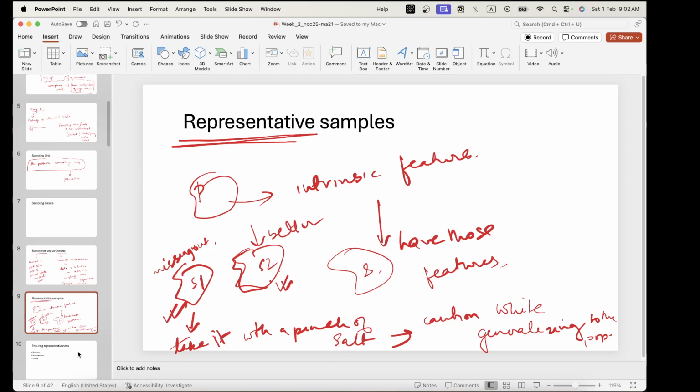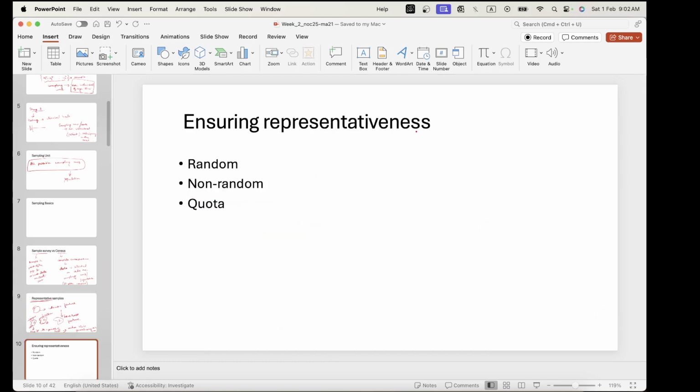So how do we ensure representativeness? There are a few techniques. The first one is random sampling, where if we randomly sample from a population, it is expected to be representative. This would be guided by probabilistic principles.